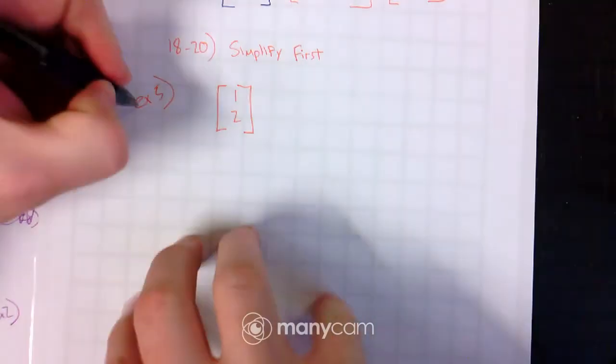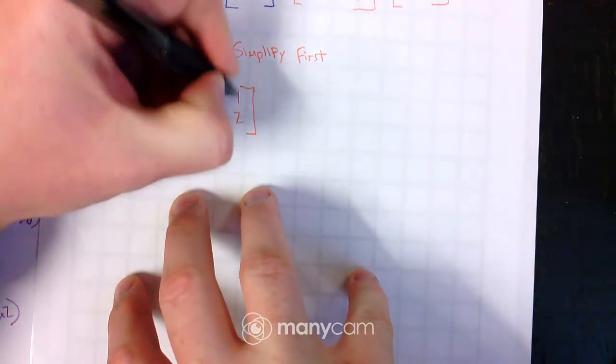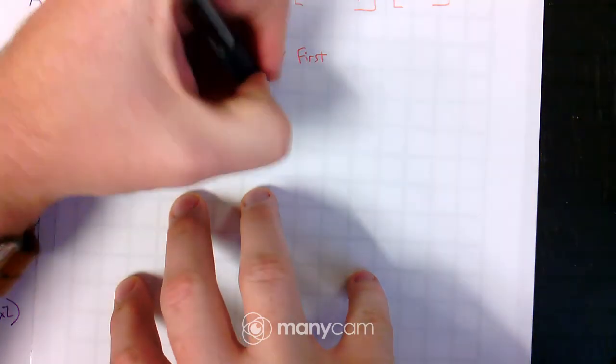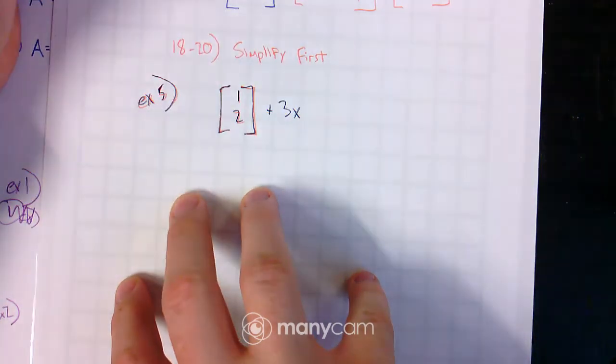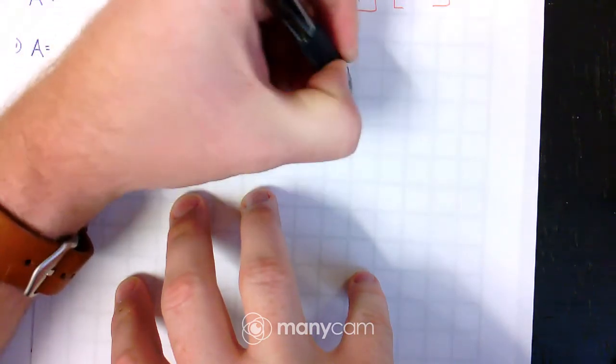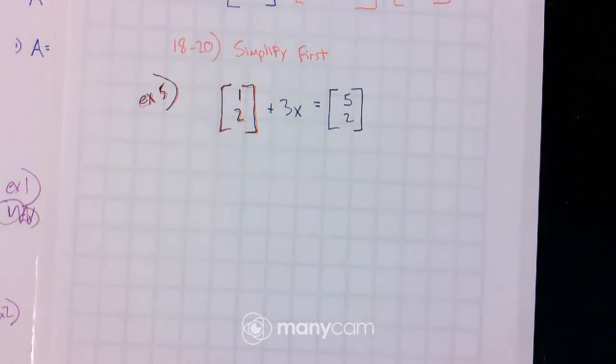Example 5: the matrix 1, 2, plus 3x equals. Now, how do you think I go about solving for x in this situation?